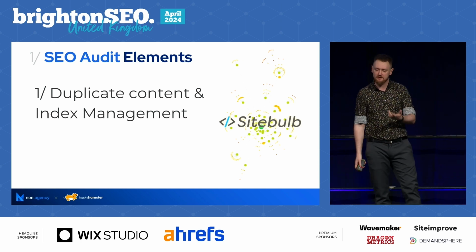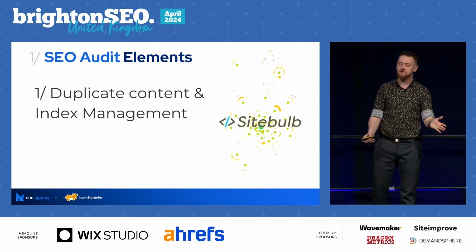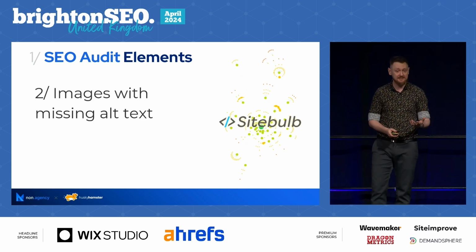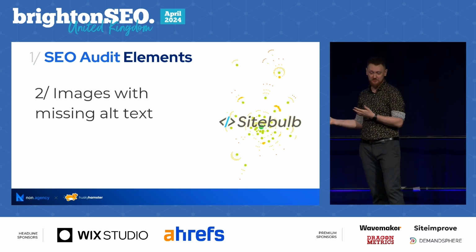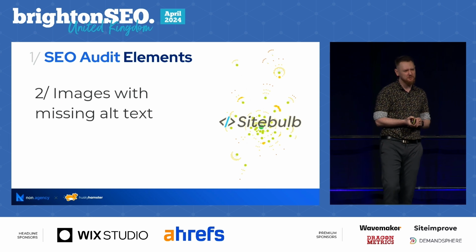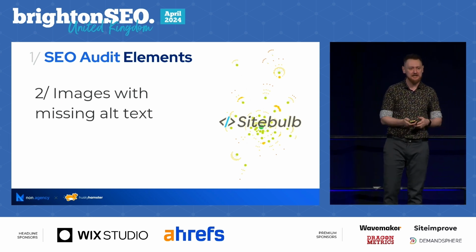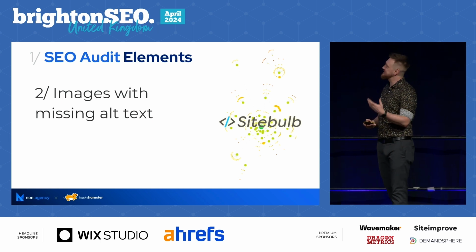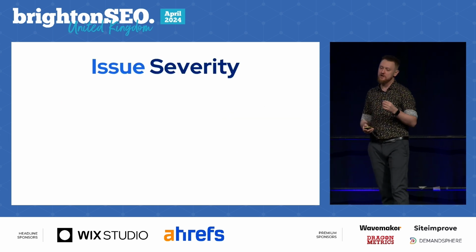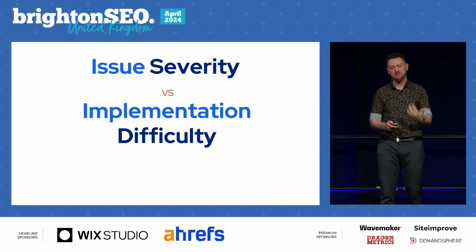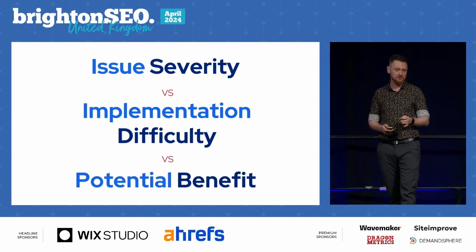So what we did, we started the SEO audit elements with duplicate content and index management. But then we also fixed images with missing alt text. And I know this is arguably one of the least effective things to implement in SEO. However, when we decide on what to implement, we look at issue severity versus implementation difficulty versus potential benefit.